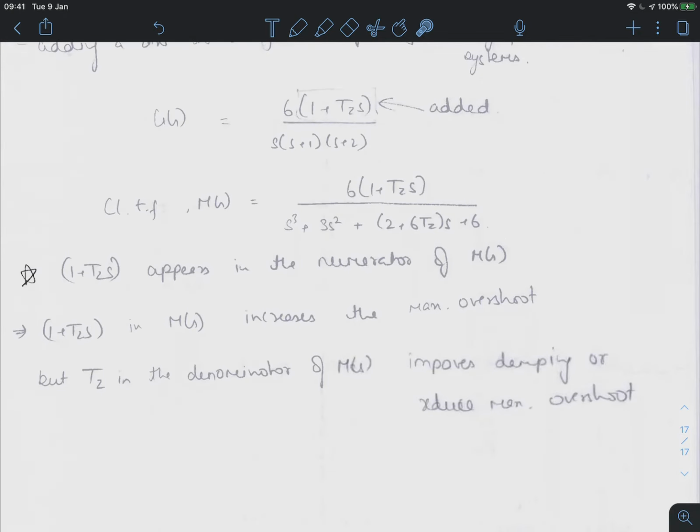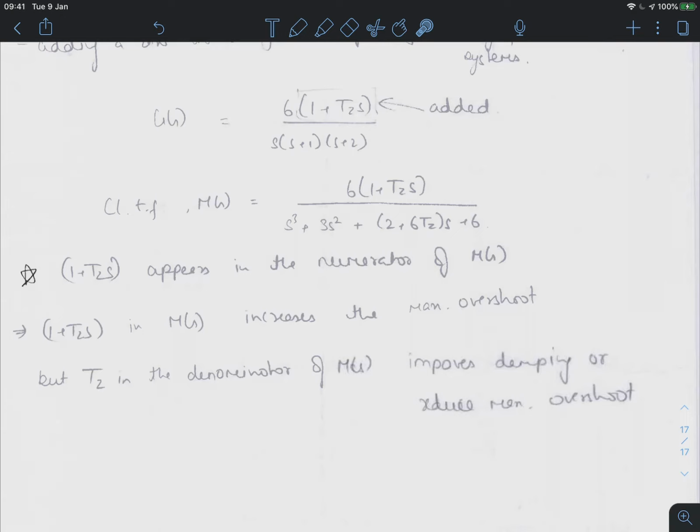So here you also see that tz appears in the denominator, meaning that it would improve the damping, or it would lead to a reduction in the maximum overshoot.